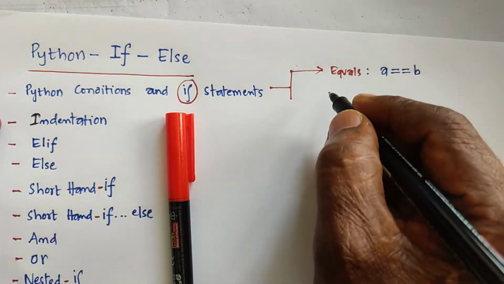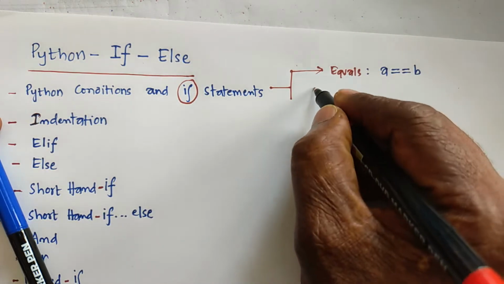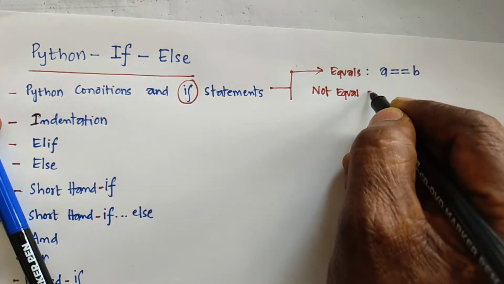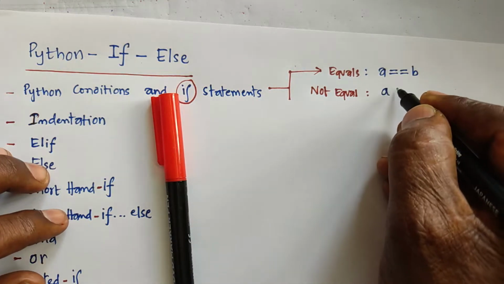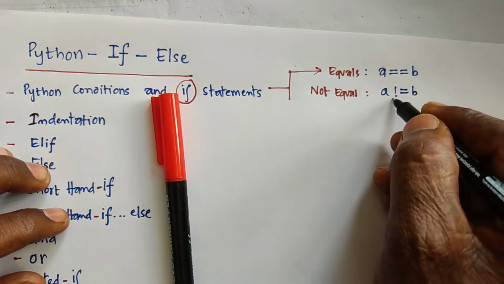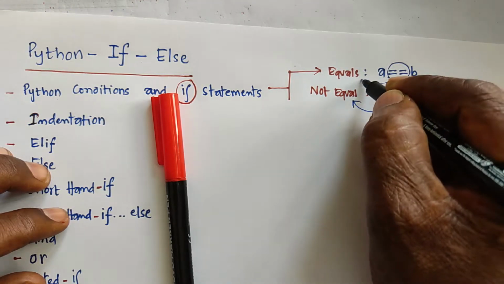Next one is not equal. The symbol is, generally, a not equal to b. This is the meaning of not equal. Here this is the symbol for equal.